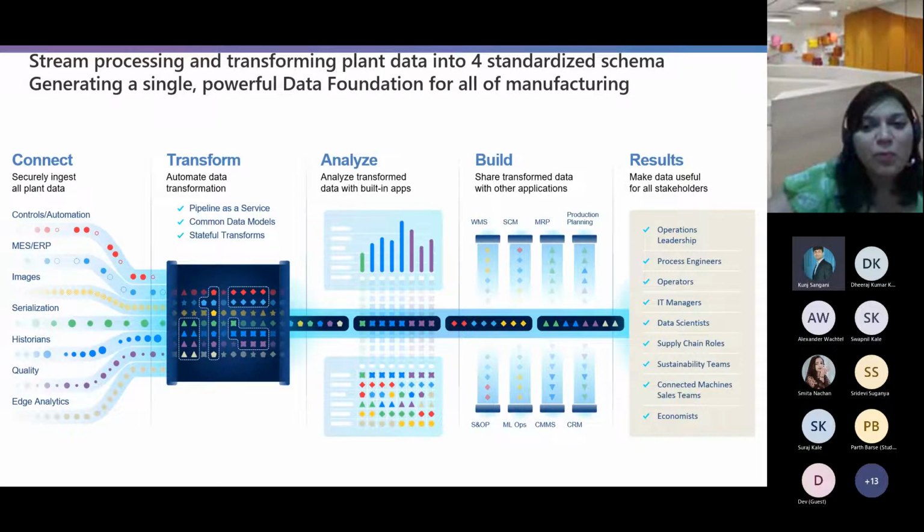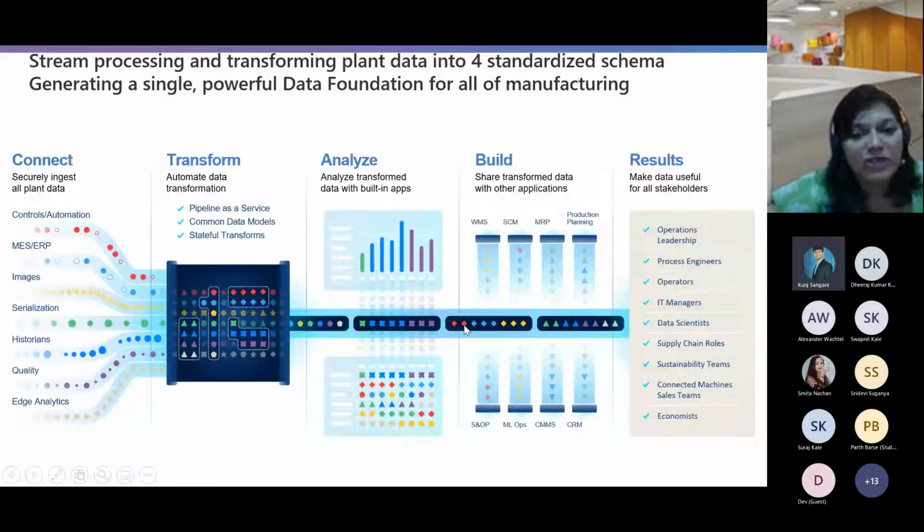We identify process engineers, operators, data scientists, connected machine sales teams, economists. So all across the manufacturing ecosystem, various users will be covered by our solution, or whatever manufacturing AI we talk of.